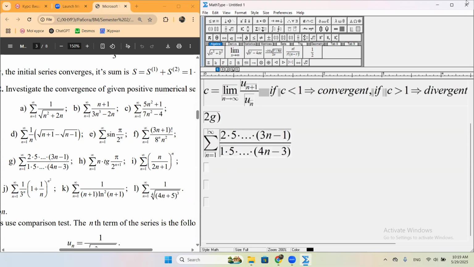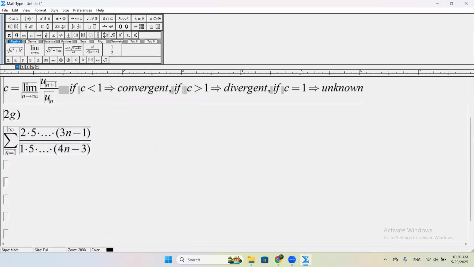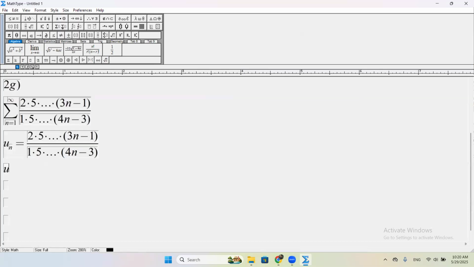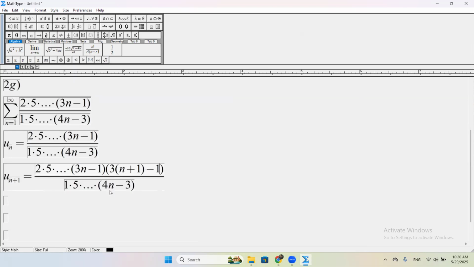So writing down the nth term. So this is the nth term, and what about n plus 1? It will be multiplied by 3(n plus 1) minus 1. And here 4 by (n plus 1) minus 3.